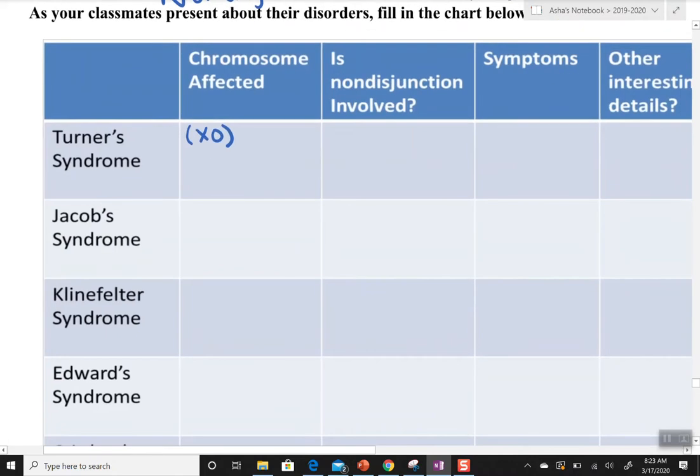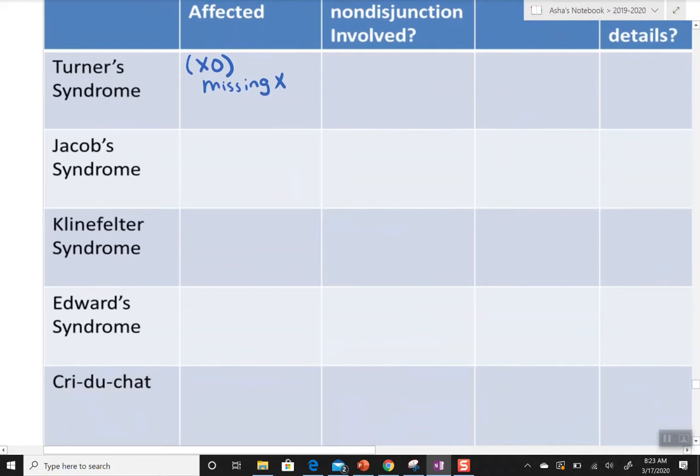So in Turner syndrome, that's when you could have a missing X chromosome, okay? And Jacob syndrome is when you have an extra Y.